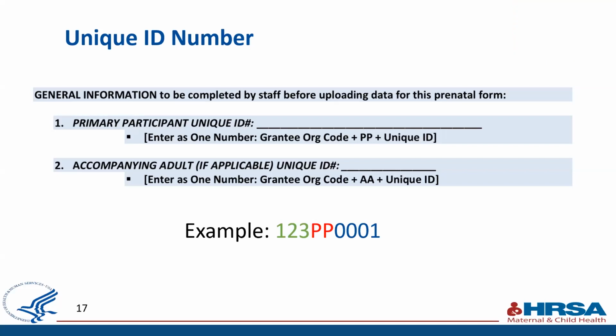Right, and just to say again, the unique ID has 3 parts. The first part is the org code. The second part is the indication of AA, PP, or EC. And then the third part is the number that refers to an individual client. You would start with 0001 and then go up sequentially.